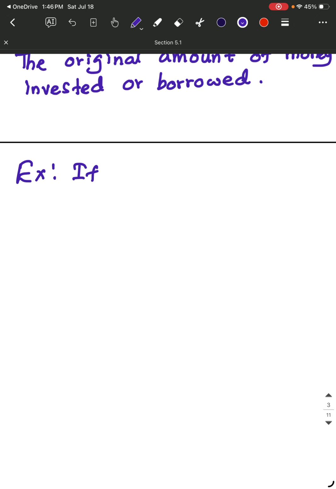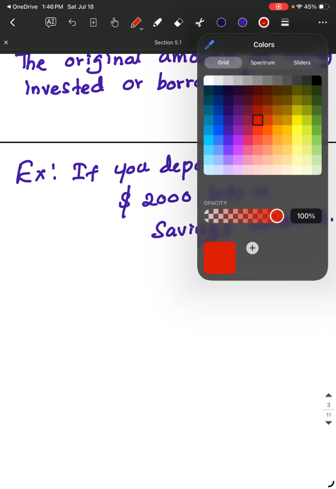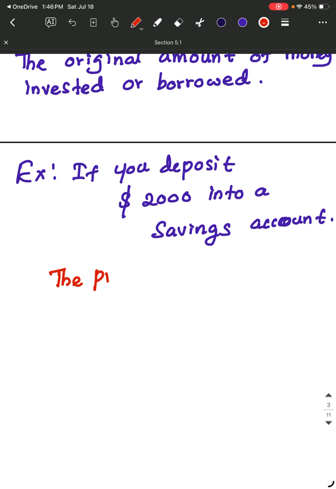If you deposit $2,000 into a savings account, the principal is $2,000.